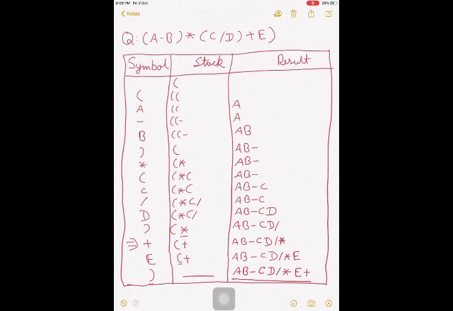Because if you do not remember the algorithm and you just go to the questions, then at a particular point you will get confused and your result will not be as per your expectation. So this was the question where we converted infix to postfix. I think this question is very clear to you.